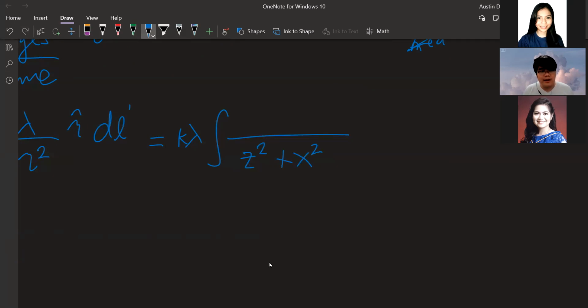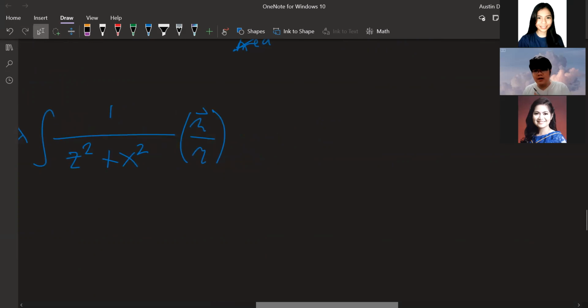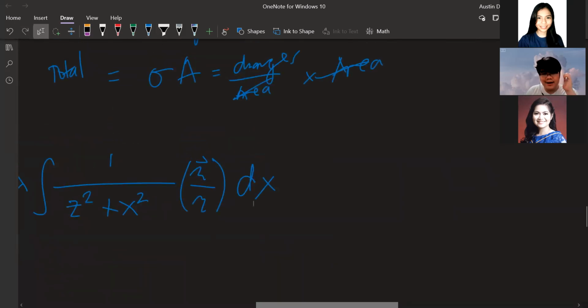And then, yung curly R hat ko can be written as yung curly R vector mo divided by its magnitude. Tama? Since di pa natin alam yung direction ng curly R. Okay? And dl is dx. Okay. Hassle.